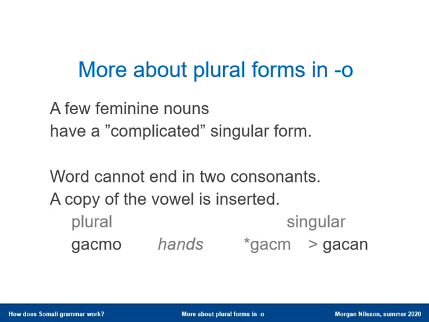And in this case, the stem of this word even ends in an M, which is a second complication. So we have to insert a vowel between the two consonants and change the m into an n in the singular. And the vowel inserted is usually a copy of the vowel that is already there in the stem. So in the singular, we get gacan.